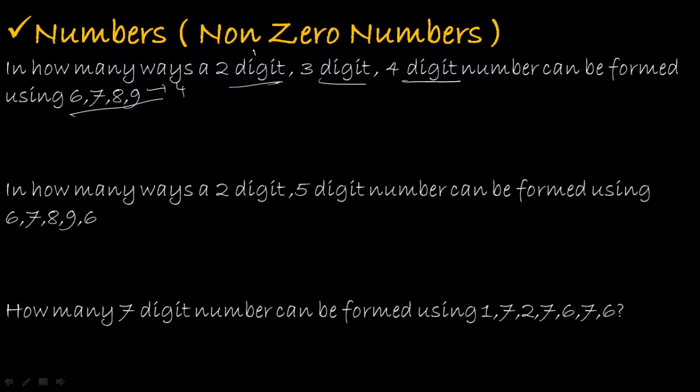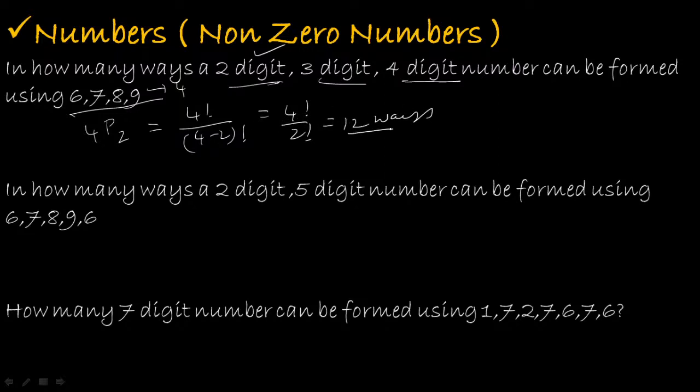First, to form a 2 digit number, out of 4 you have to form 2, means 4P2. What is the value of 4P2? That is 4 factorial over (4 minus 2) factorial. This you know already, that's why no need to explain, but since it's the first problem, I did it elaborately. So 4P2 is nothing but 12 ways.